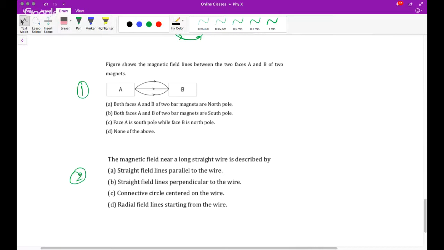Question number two. Mention your answer as 1D or 2D or whatever, so that I can know.